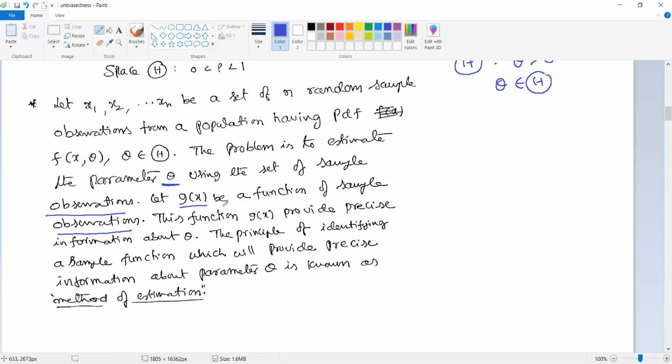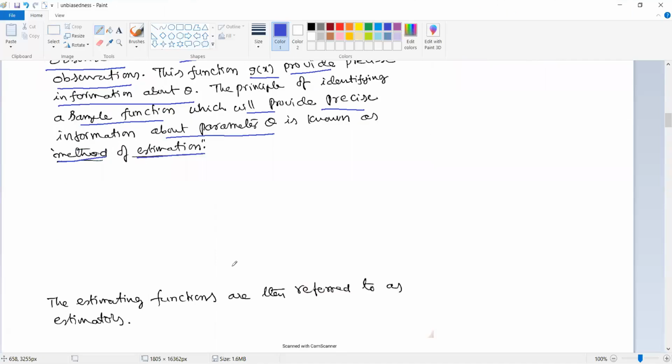This function g of x provides precise information about the parameter theta. The principle of identifying the sample function which will provide precise information about parameter theta is known as the method of estimation. This is the definition of estimation.